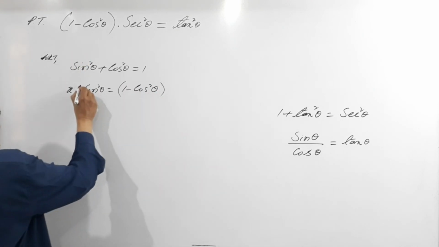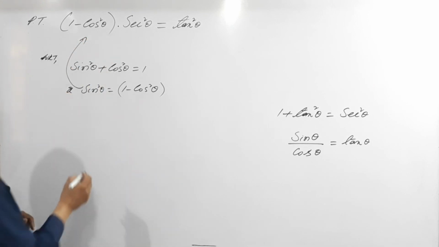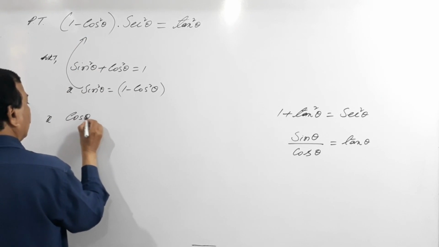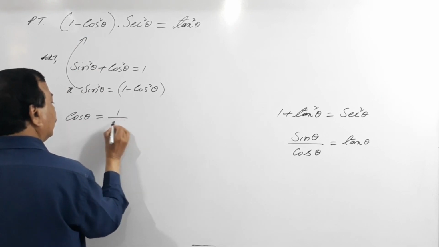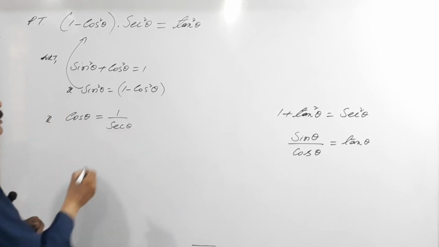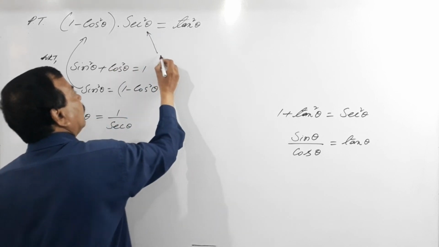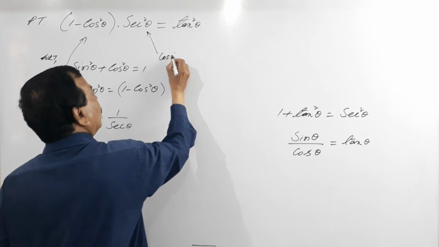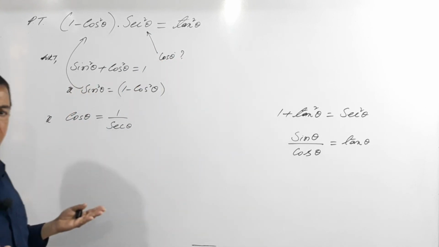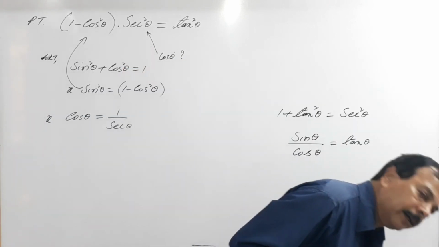This is nothing but our 1 minus cos square theta, and cos theta equals to what? 1 by secant theta, reciprocal. So from this we can easily find out cos theta. आसान हो गया. और कुछ क्या चाहिए आपको? प्रॉब्लम तो हल हो गया, सॉल्व हो गया.